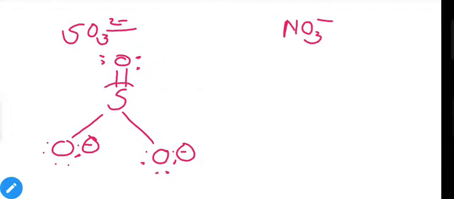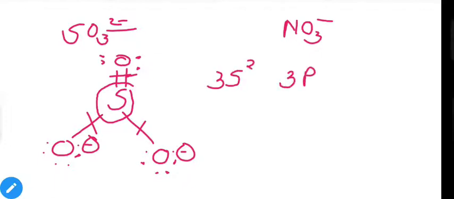Now concentrate on sulfur. It contains 1, 2, 3 and 4 bonds. So let's try to arrange 4 bonds on the central sulfur. As mentioned earlier, the outermost electronic configuration for sulfur will be 3s2, 3p4.